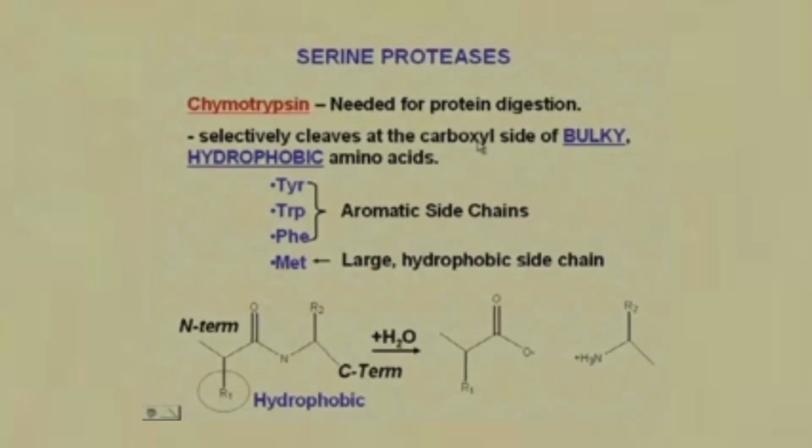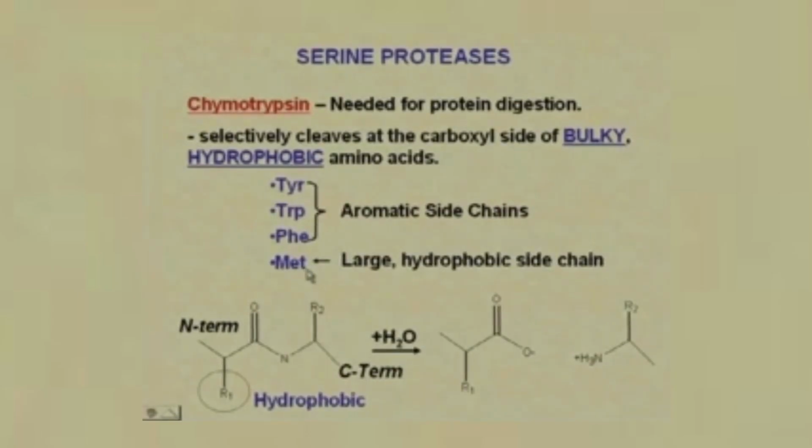You know that an amino acid has two sides to it. One is the amine side and one is the carboxyl side. Chymotrypsin will cleave at the carboxyl side of bulky hydrophobic amino acids. Usually it cleaves at the aromatic side chains and also methionine.